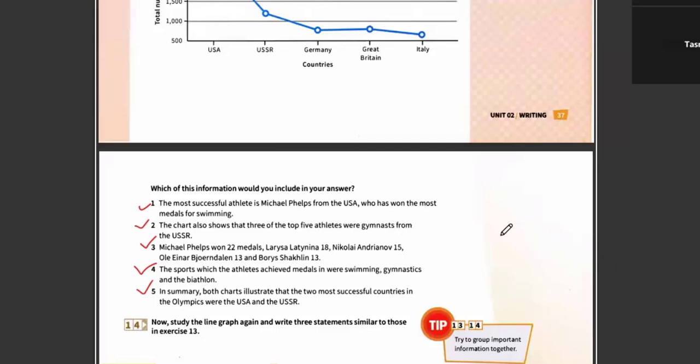The statements number one, two, and five. Okay, and why? Because they are more straightforward statements and more to the point. And why not three and four? Because some time ago we read that we should not include every piece of information in the main body.